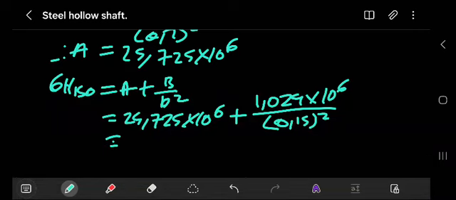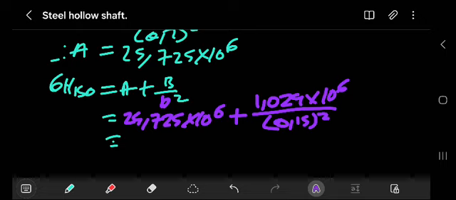Let me punch this: 25,725 times 10 to the power of 6 plus the fraction of 1,029 times 10 to the power of positive 6 divided by 0.15 squared.